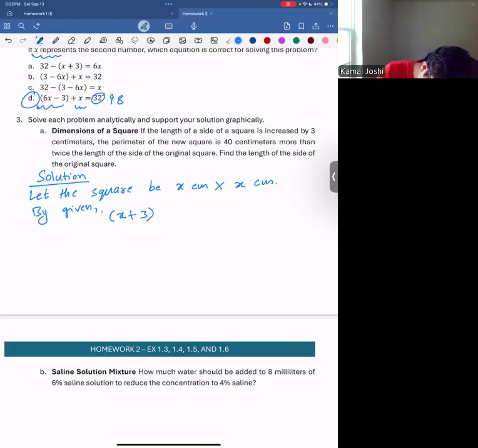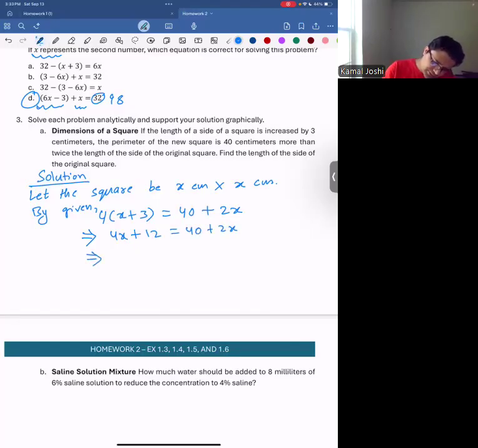Then the new perimeter: if the length of the side of a square is increased by 3, the perimeter of the new square will be 4 times the side, 4 times x plus 3. That is 40 centimeters more than the original perimeter, 40 plus twice the length of the side of the original square, 2x. That's all. 4x plus 12 equals 40 plus 2x.